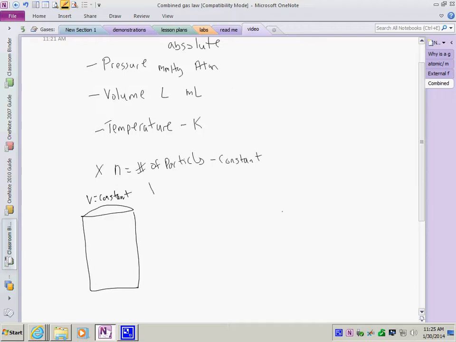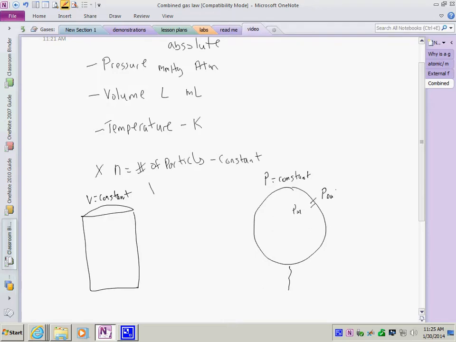As opposed to a balloon, where the volume is allowed to expand and contract, but the pressure is constant. So the pressure on the inside of the balloon equals the pressure on the outside of the balloon.